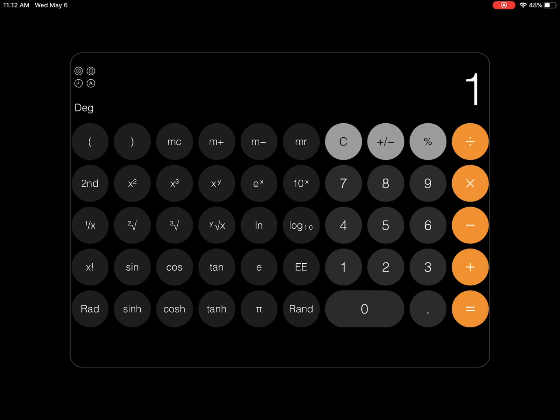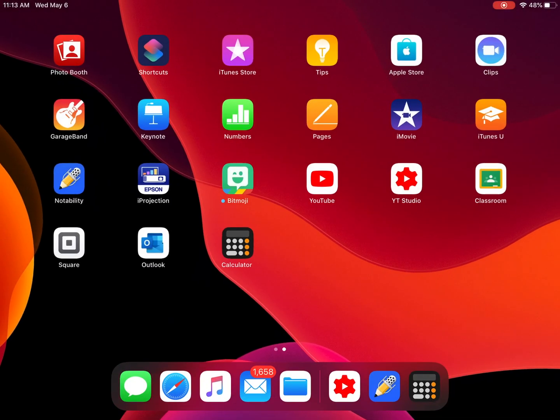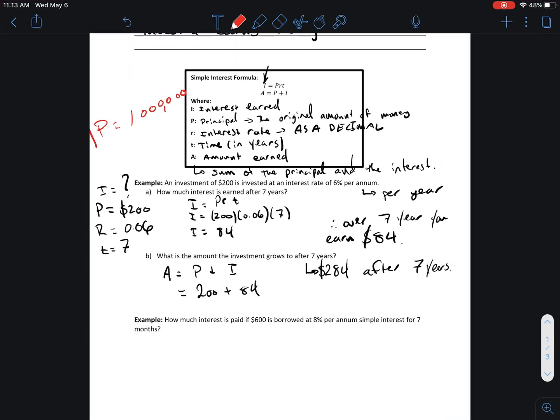Now, if you divided that by 7, let's say it's per annum, if I took the 1 million originally and multiplied by the 6%, that's how much interest you're earning per year. You're going to earn $60,000 per year.